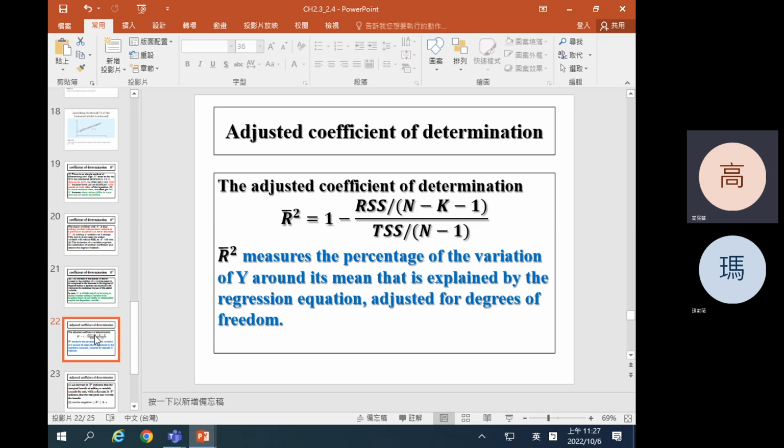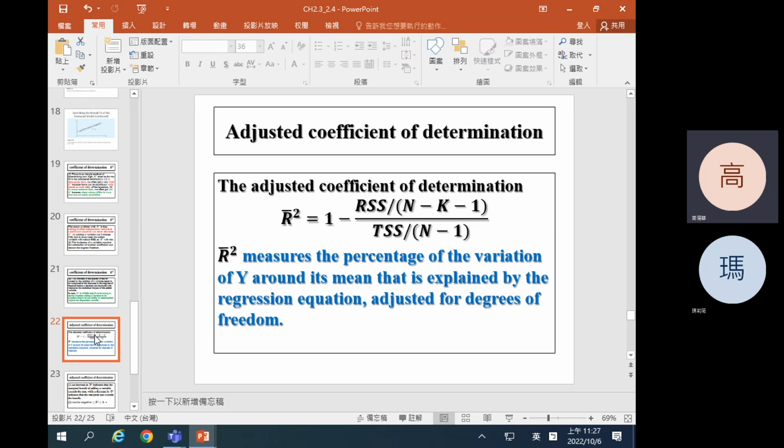Okay, so since TSS is the variation of the y variable, and we have for example the rating data, we have 25 observations. So n is equal to 25. Then this one is n minus 1, so 25 minus 1, equal to 24. This is the denominator.